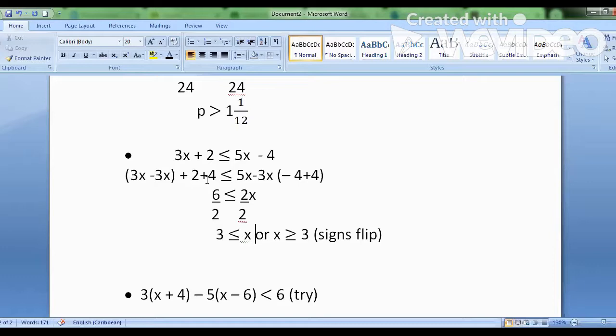But remember I told you when you divide by a negative, the sign will change. So you divide everything by negative 2, it becomes x greater than or equal to 3.